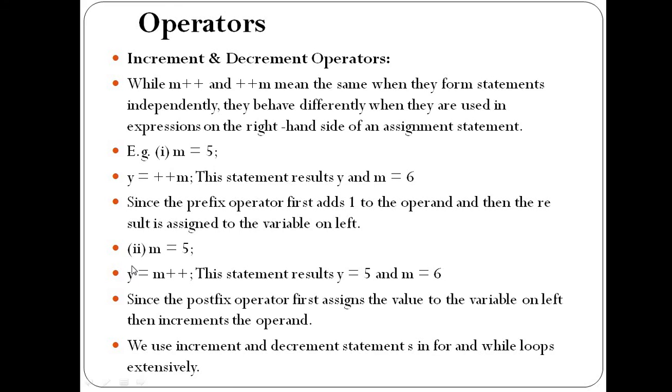That's why the value of y is 5 but the value of m is 6. Since the postfix operator first assigns the value to the variable on the left hand side and then increments the operand. Understood?